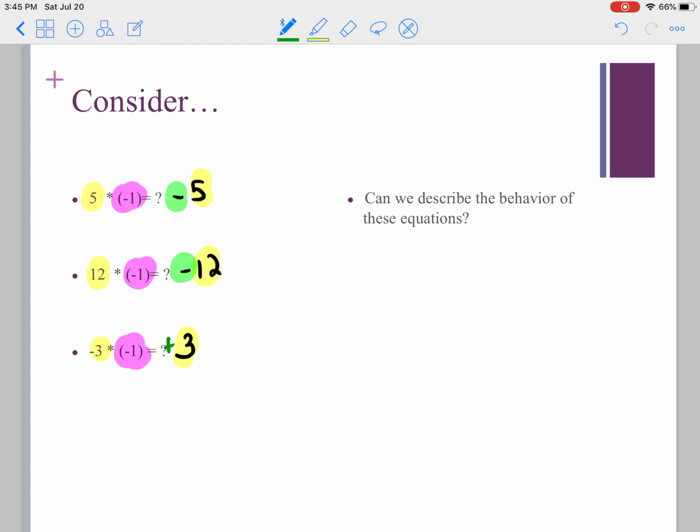So remember that a number, when it changes to its negative or a negative number that changes to a positive, that is its opposite. So 5 is the opposite of negative 5, or in this case, negative 5 is the opposite of 5. Negative 12 is the opposite of 12. Positive 3 is the opposite of negative 3.